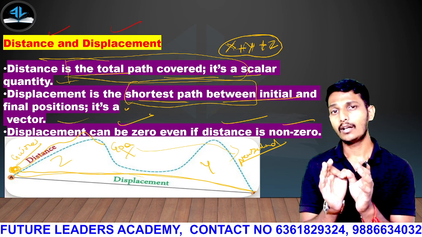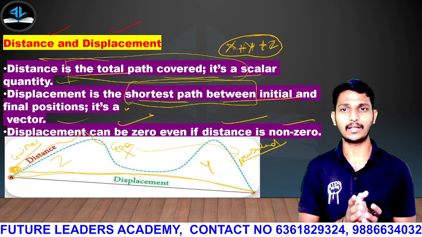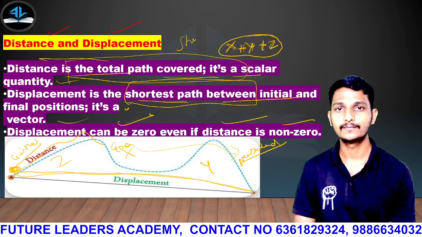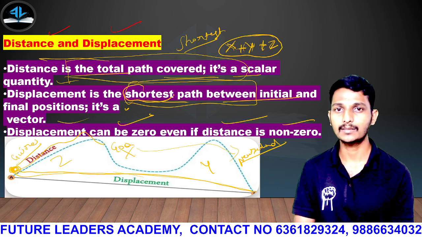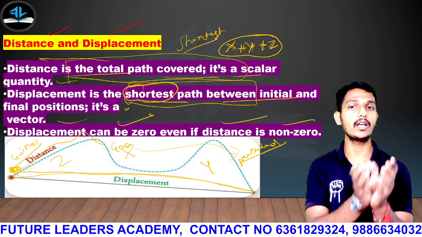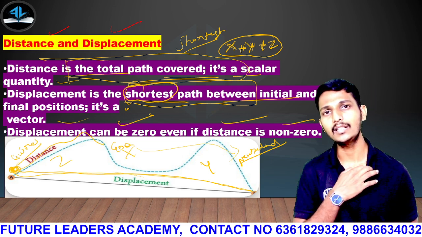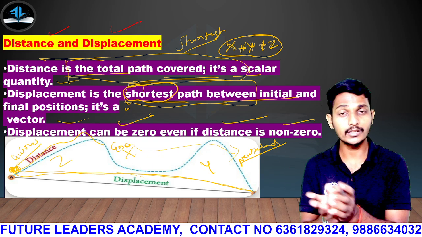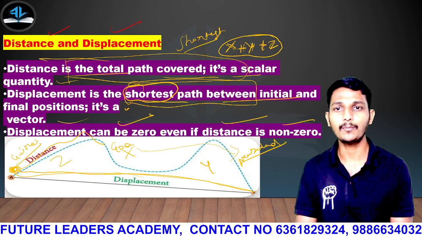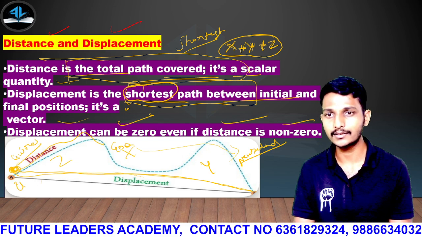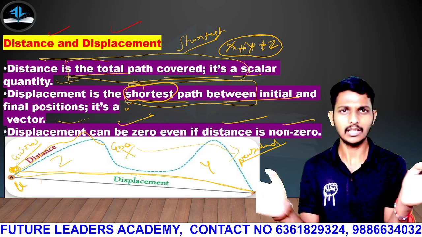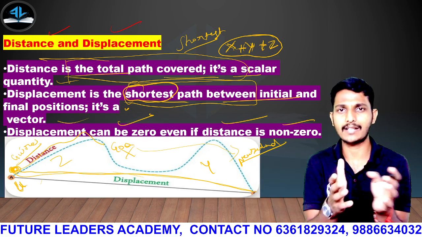And as we know, the definition of displacement says that it is the shortest path between the initial and final position. Here he went to Goa from Gujarat, point A is the initial point, that is U, and he goes to New Zealand, leaving aside the middle places wherever he traveled.